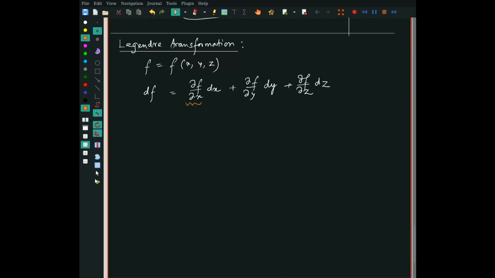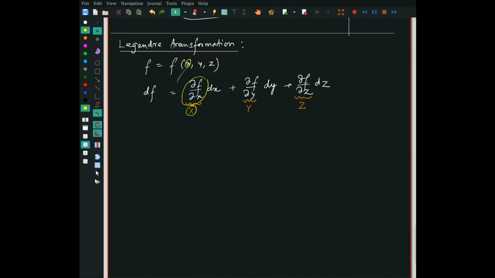I will call del f del x capital X, del f del y capital Y, and del f del z capital Z. Now I want to construct a function where the explicit variable is not my small x, but the derivative of f with respect to small x, which I denoted by capital X.